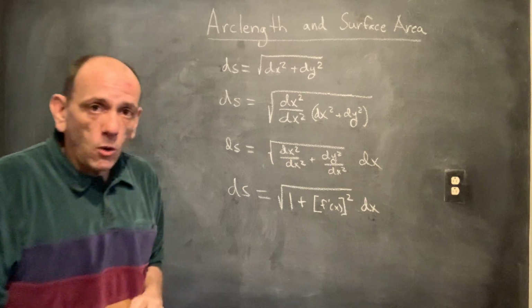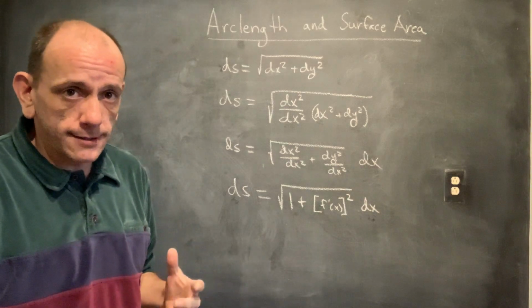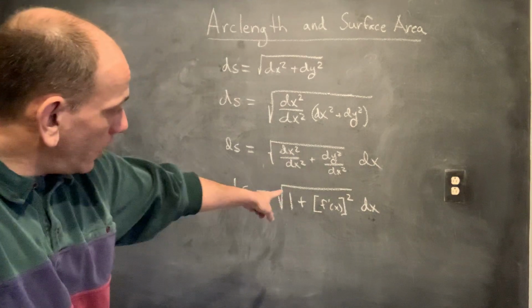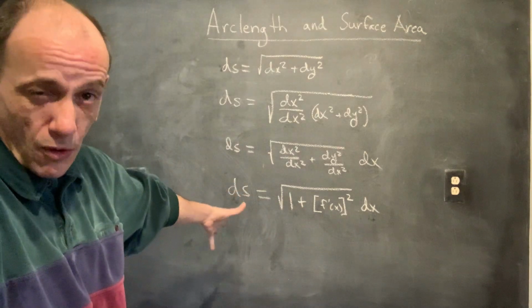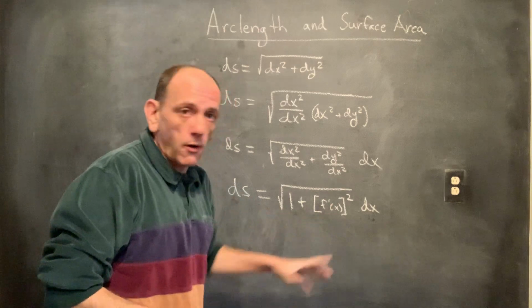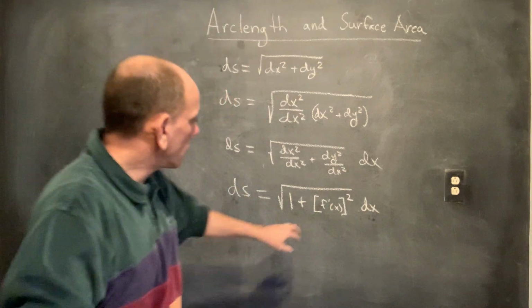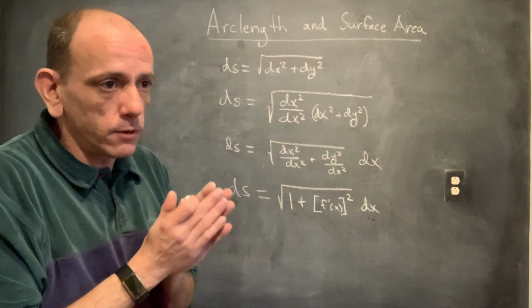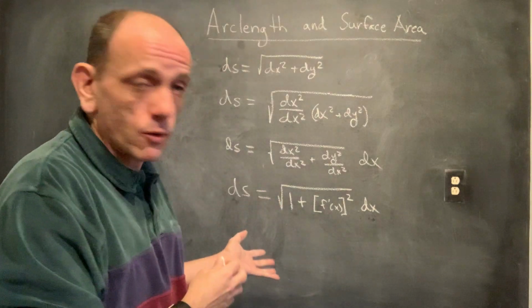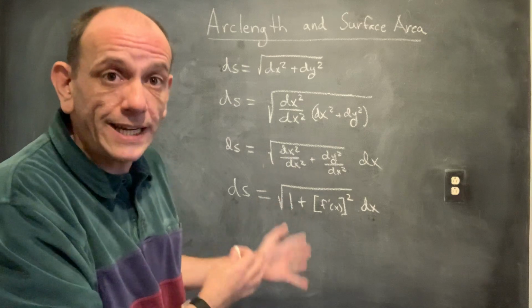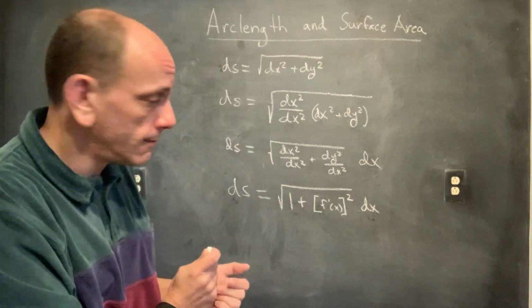So one thing to note with ds is we need the derivative in order for ds to work, right? It's part of that formula. So if we're looking at a function on a certain interval, we have to be careful that that derivative is actually defined. We need it in order to define ds.